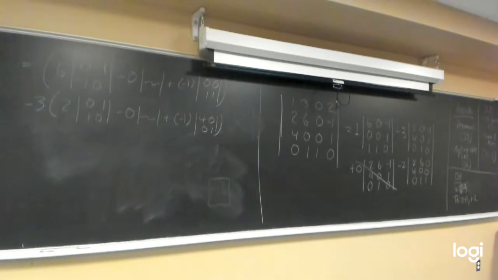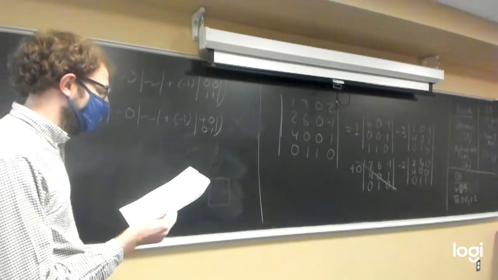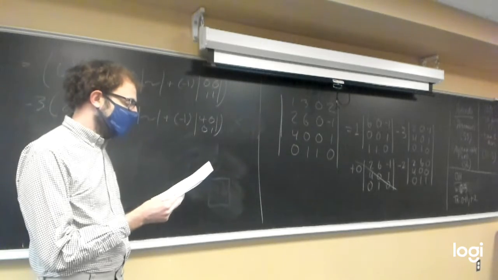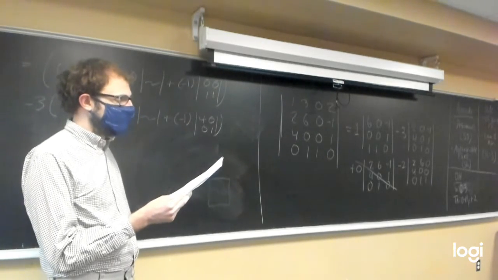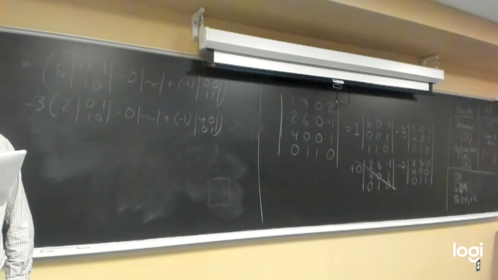I just noticed on the note sheet, there's a plus where I say there's a minus. That is a typo in the note sheet. That should be a minus. I was actually planning on addressing that after this example. But yeah, if you look up at the general formula for determinant of A, up at the top of the note sheet, it is minus A12 times blah, plus A22 times blah, minus A32 times blah, plus A42 times blah.